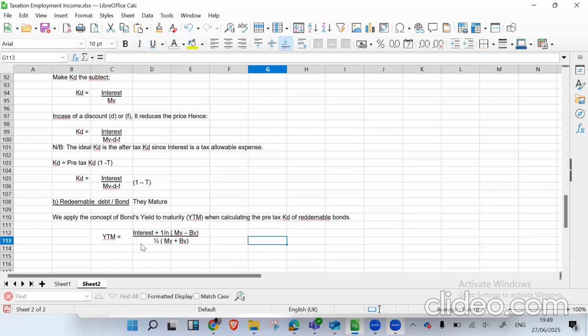So that is the formula of YTM: interest plus 1 over n into MV minus BV, over a half into MV plus BV.